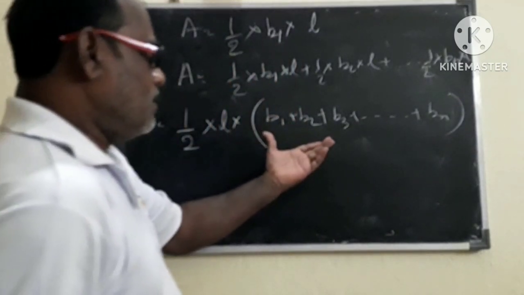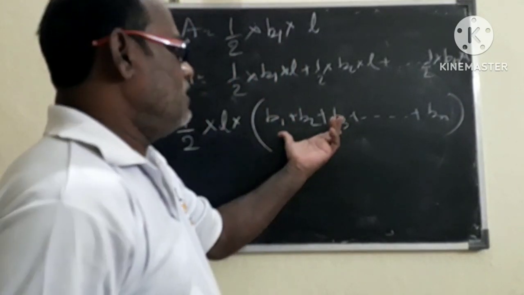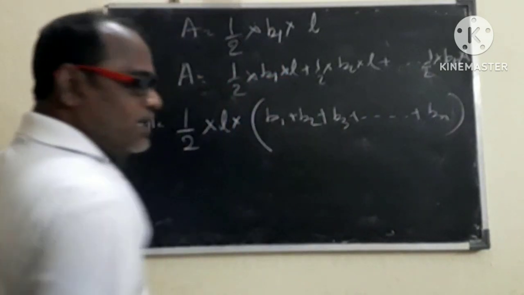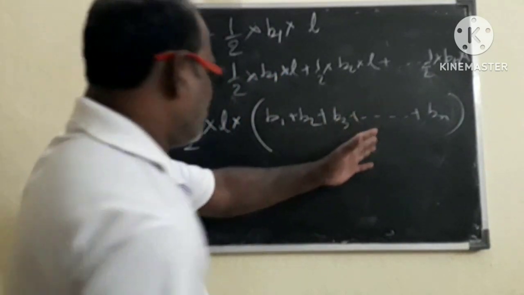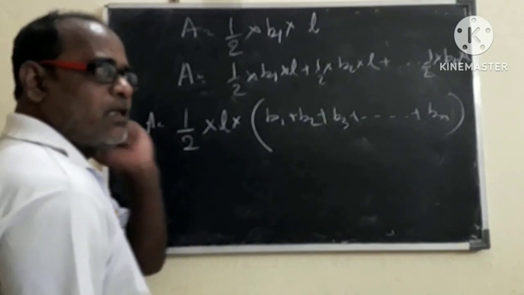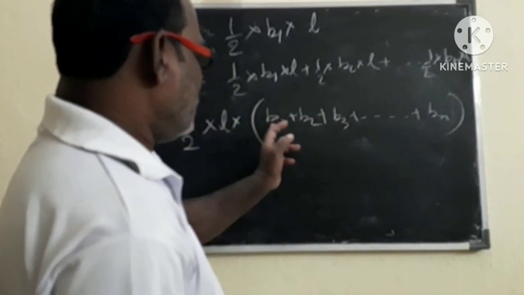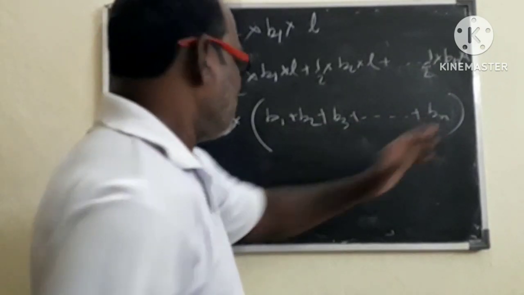So these are the small curves, and if you add them all, you get the perimeter of a circle. So what is the perimeter of a circle? The perimeter of a circle is 2 pi r having radius r. So instead of this, we can write 2 pi r.